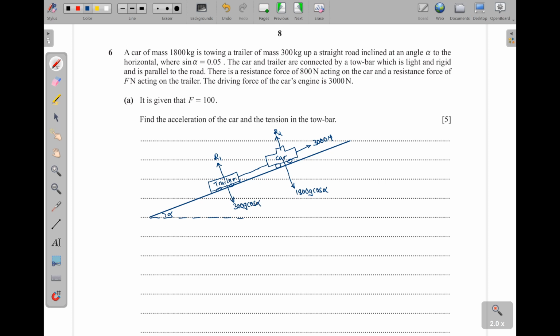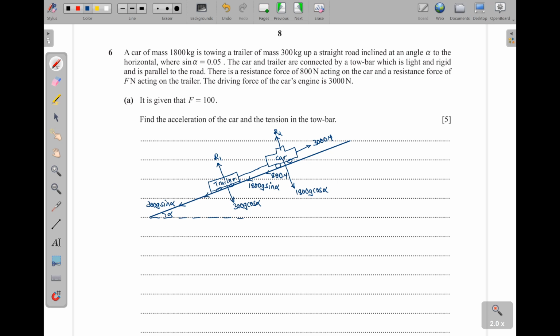Then when you resolve parallel to this plane, you will have 300 g sine of alpha. Then also this one here will have 1800 g sine of alpha. Okay, same angle here because they are on the same plane. And then there is a resistance force of 800 acting on the car. So I'll put here the 800 newtons.